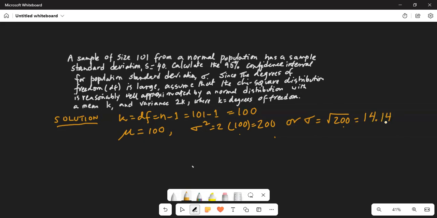Okay, so the situation is somewhat like this. If I move this a little bit and create some space.